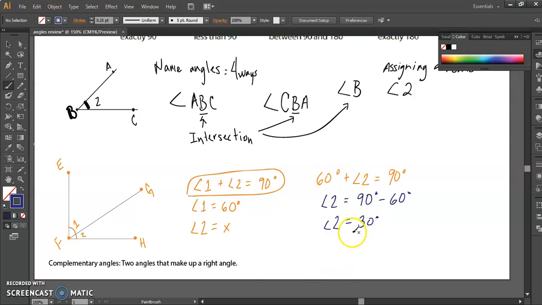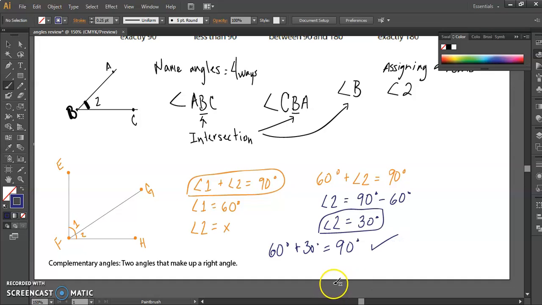Okay, I can double check this by plugging in my numbers here in the original equation, which is angle 1, we said that it is 60 degrees, plus I just found that angle 2 is 30 degrees, so 60 degrees plus 30 degrees is equal to 90.